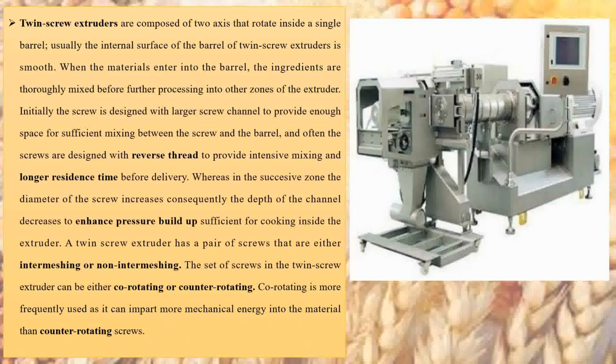There is a particular science that the co-rotating screws, that is, the rotation occurring in the same direction, clockwise or anti-clockwise, can tumble the food or toss the food material or the set of premixed ingredients within the extrusion chamber more dynamically compared to the counter-rotating screws. And so the ingredients are thoroughly mixed and further processed before they are passed into other zones of the extrusion chamber.